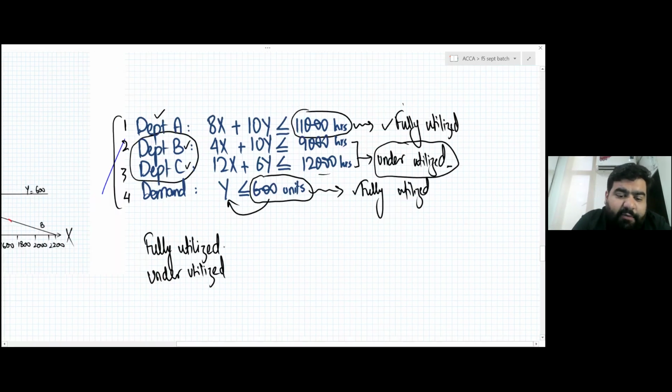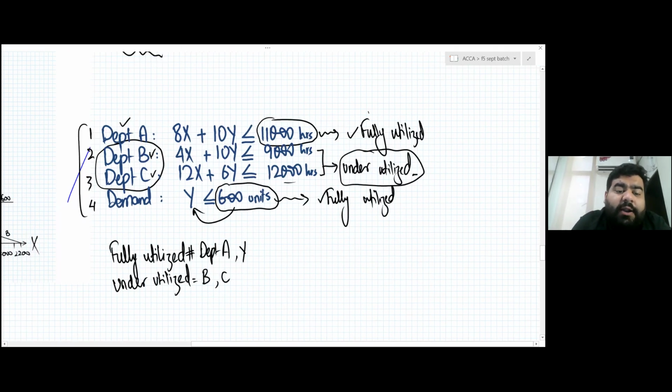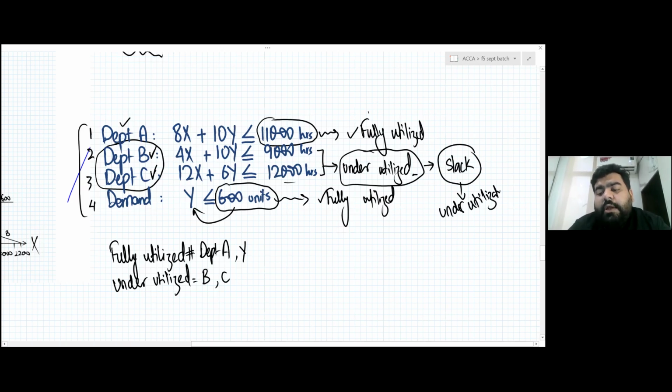So the fully utilized are department A and the demand for product Y, and the underutilized are B and C. For the underutilized departments, we say there is slack. Slack means the underutilization of resources in any constraint.